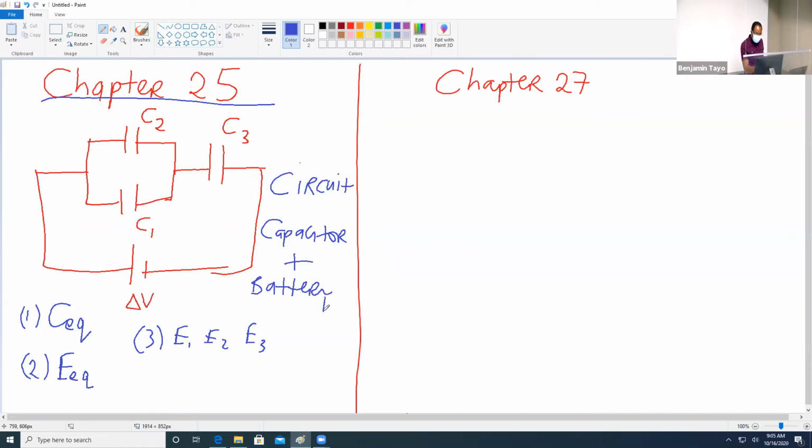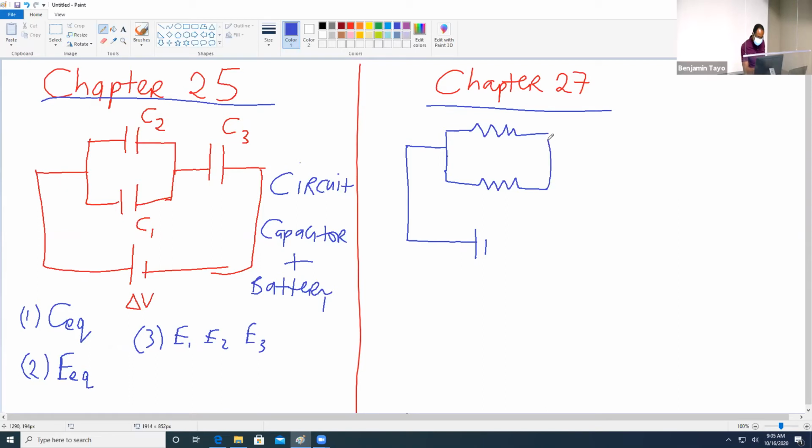Now, what we're going to do in chapter number 27 is look at a circuit that looks like this. Basically the same type of thing, but instead of capacitors, we're going to have resistors. For example, let this be R1, let this be R2, and let this be R3, and let this be delta V. And so we can do basically the same thing.